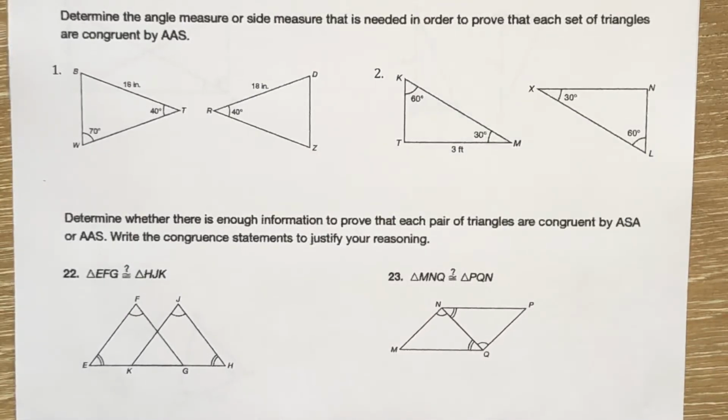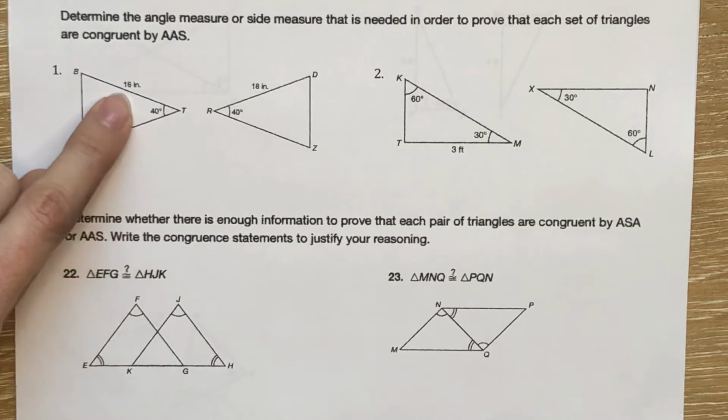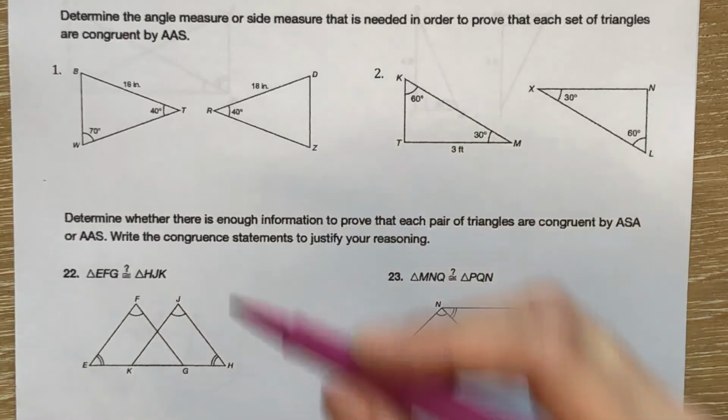Okay, so determine the angle measures or side measure that is needed in order to prove that each set of triangles is congruent by angle, angle, side. Angle, angle, side is when you have two angles like this, angle, angle, side, and the other triangle has a corresponding and congruent angle, angle, side, then we can say that those two triangles are congruent, okay?